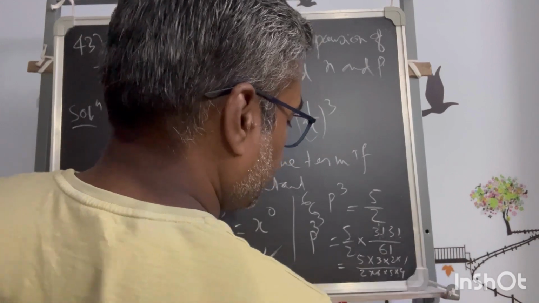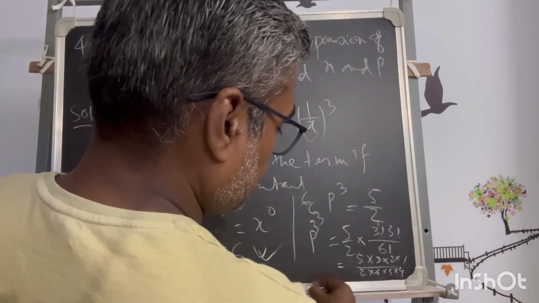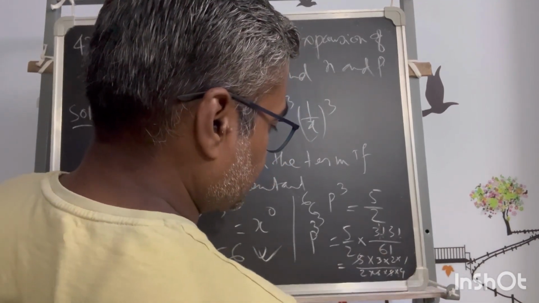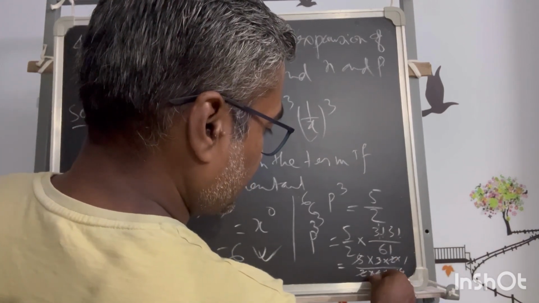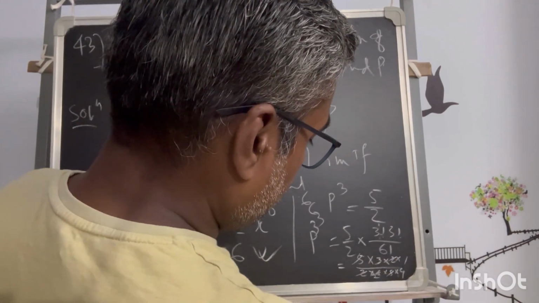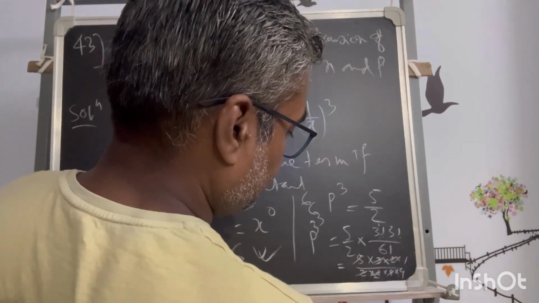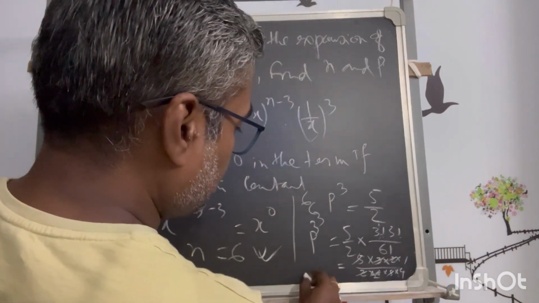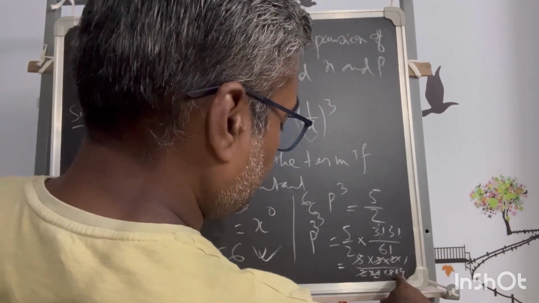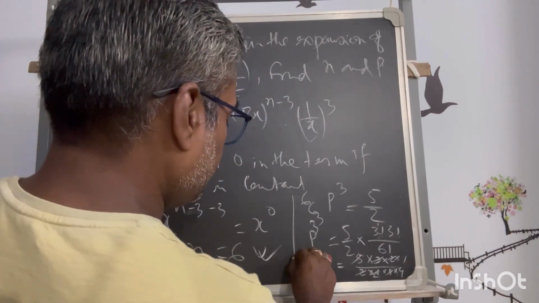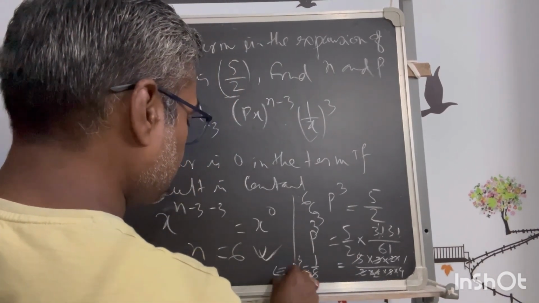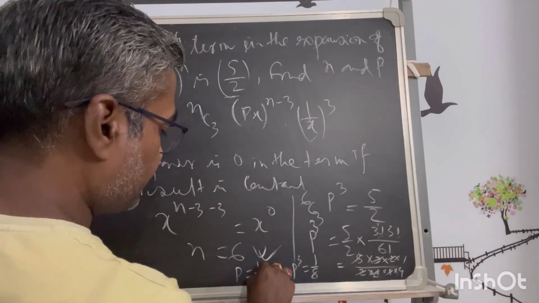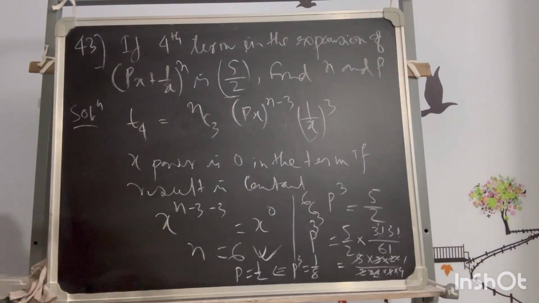The 5 will be cancelled out, the 2s will be cancelled out, so nothing remains at the top. In the bottom, what will be there? 2 into 4, 8. So p cube is equal to 1 by 8. So you can understand what p will be then. P is equal to half.